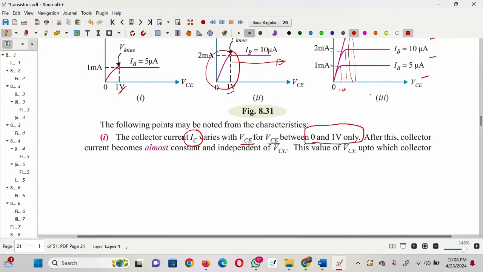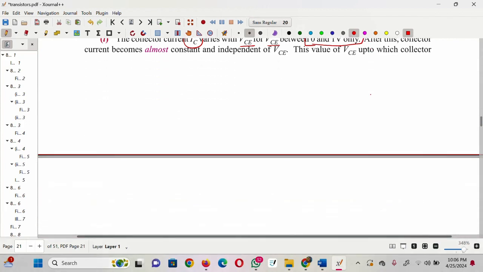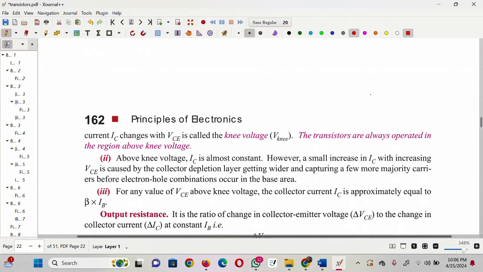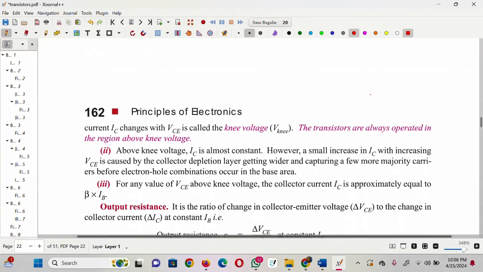Those values are very important. If you increase VCE further, it will not change. The following steps are very important. Knee voltage: the transistor is always operated in the region above the knee voltage, which is why it is called the operating point of the transistor.